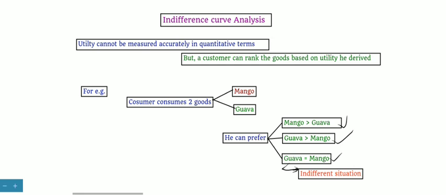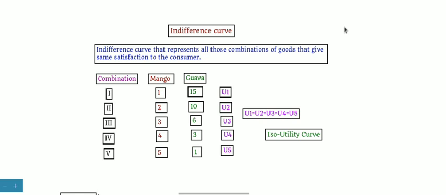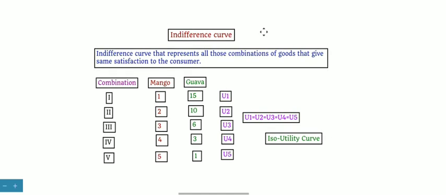Let's see what indifference curve means. Start with the example. There are 5 combinations, combination 1, 2, 3, 4, 5, where mango and guava are consumed by a consumer.